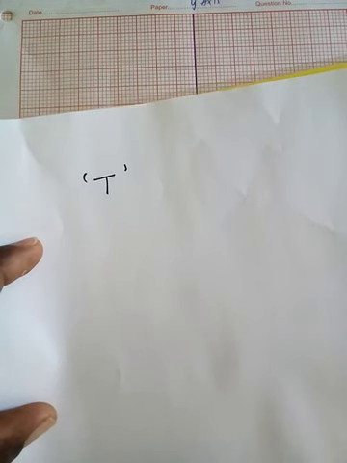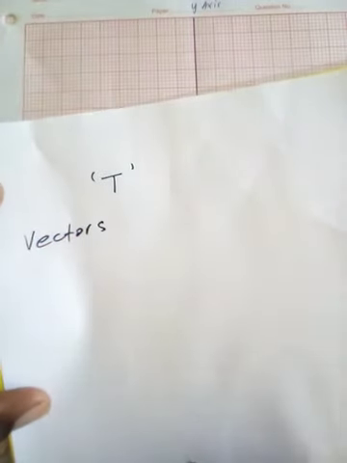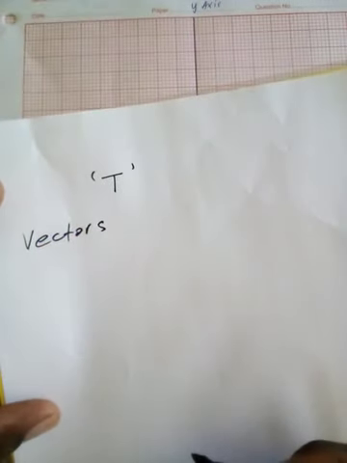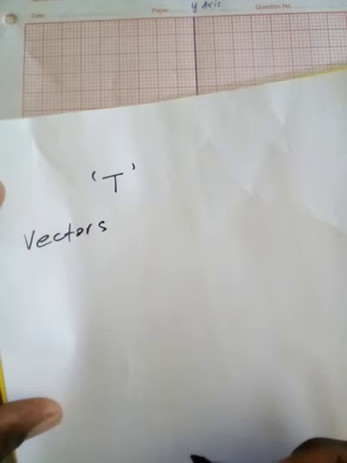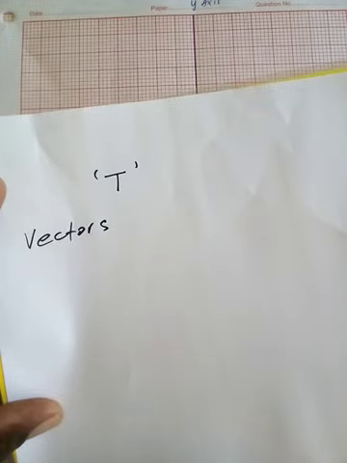Now, translations are described using vectors. A vector is a quantity that has magnitude and direction.